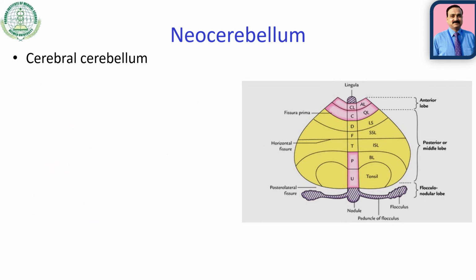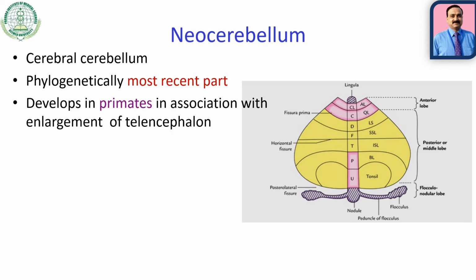It is also called the cerebral cerebellum because its connections are with the cerebrum through the pons. Phylogenetically, it is the most recent part of the cerebellum. It develops in primates in association with enlargement of the telencephalon. So along with the enlargement of the forebrain or the telencephalon, this neocerebellum also enlarged and developed.